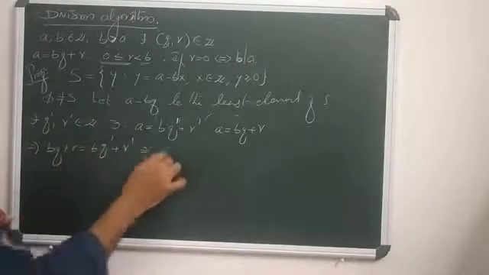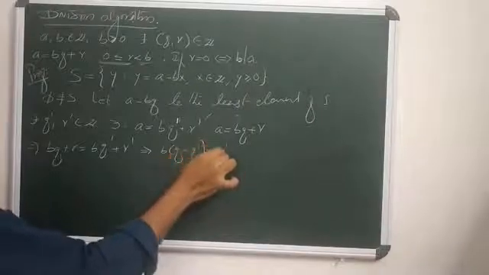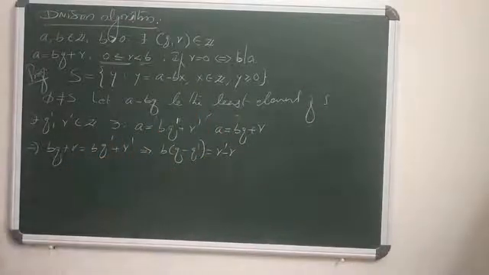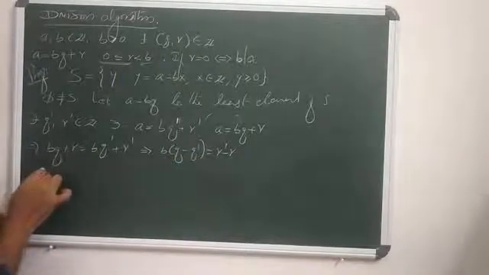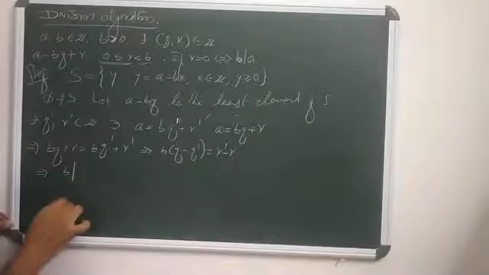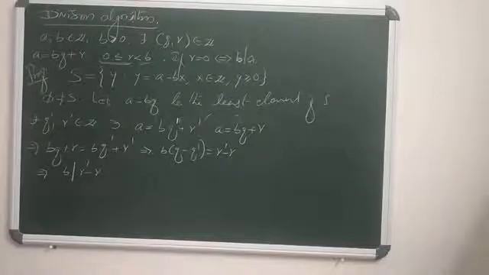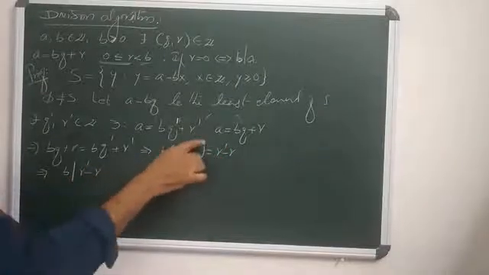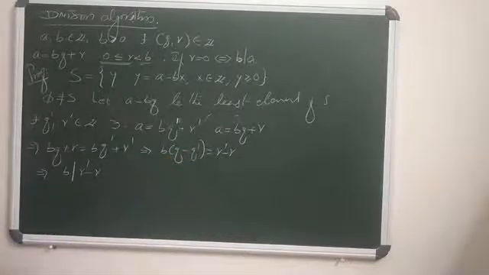That means b(q - q') = r' - r. Bring bq' to the left side and r to the right side. b(q - q') = r' - r means b must divide r' - r. Why? Because r' - r is an integer multiple of b, since q and q' are integers.